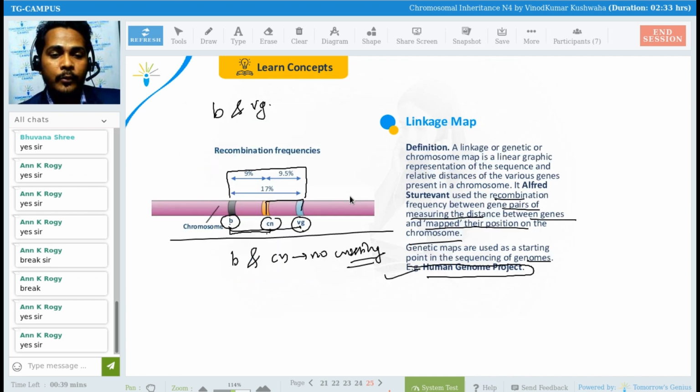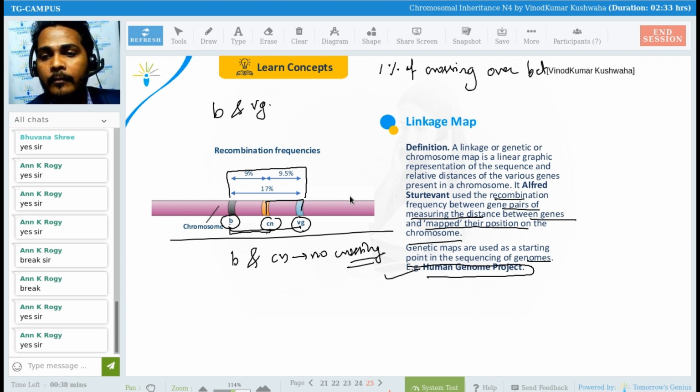Okay, now let me tell you some important points. Suppose there is 1% crossing over between two linked genes.